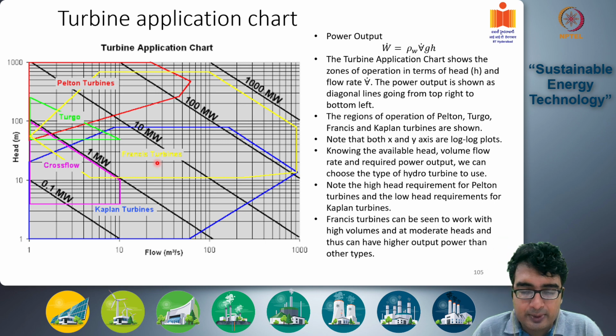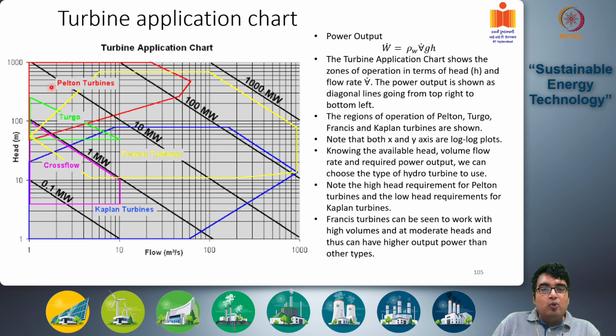in a new site is going to be. And here what we are seeing is certain ranges of operation for each of the turbine types. So this red area is the range of operation of a Pelton turbine. You can see the Pelton turbine works with high heads. This is a log plot, so it starts with around 20-meter head and goes up to 1000-meter head.